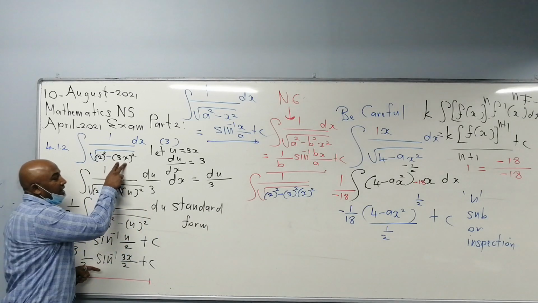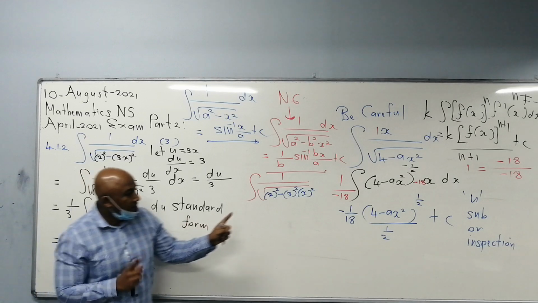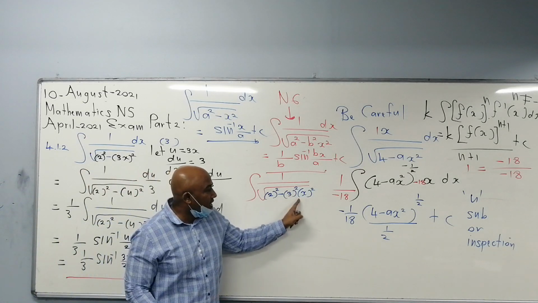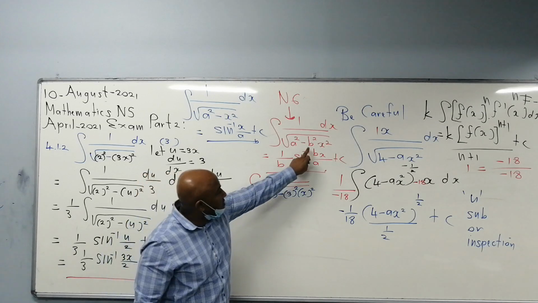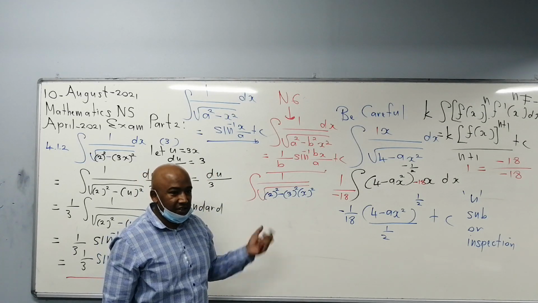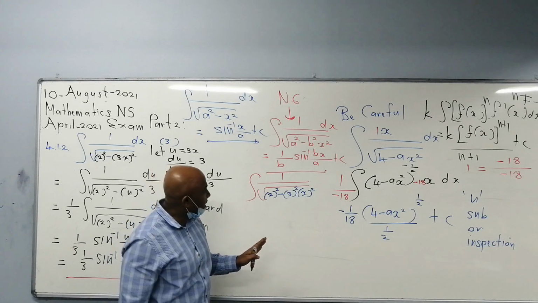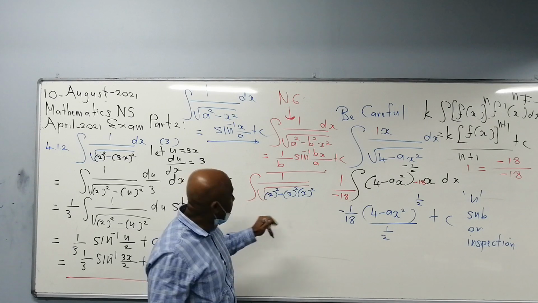Here, I put 3x inside the bracket. Here, it's 3 squared times x squared. Now, it's much easier in the N6 formula sheet, or if you've got a good memory, you memorize this here. Then you've got no problem with the exam. This is just one of 6 formulas for inverse trig functions.